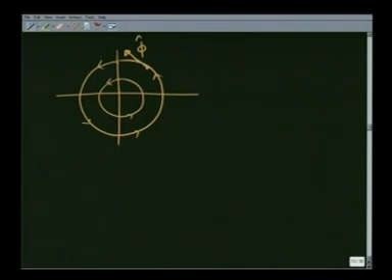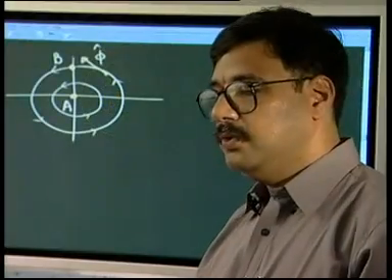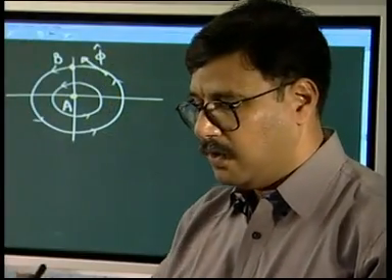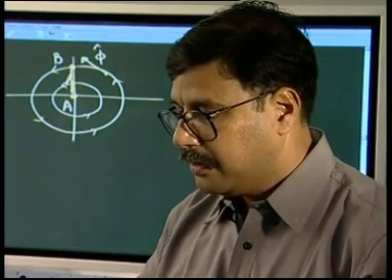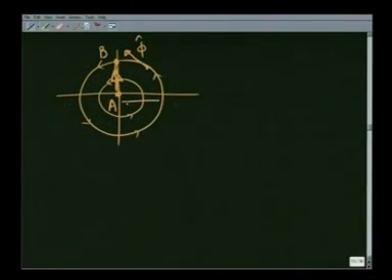Let me then take a particle from point A to point B through two different paths. Path 1, let it be this one, A to B directly, and path 2, let it be like this, A to C and C to B like this, let this point be C.